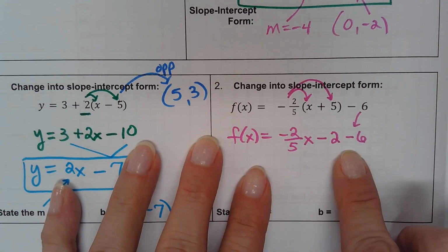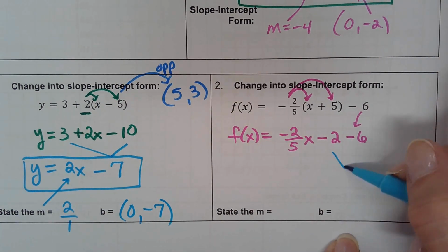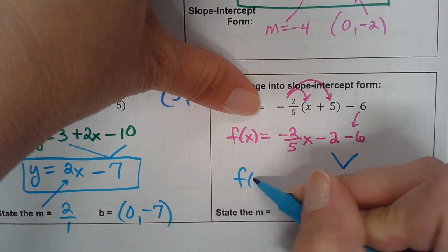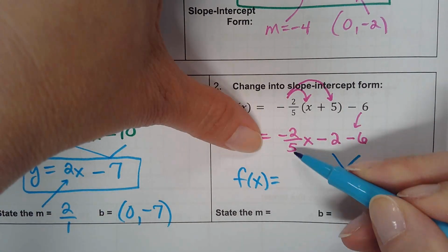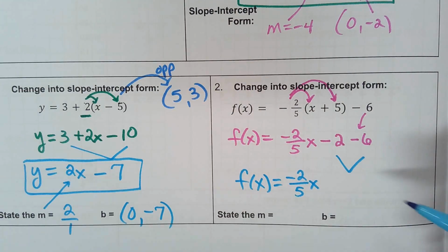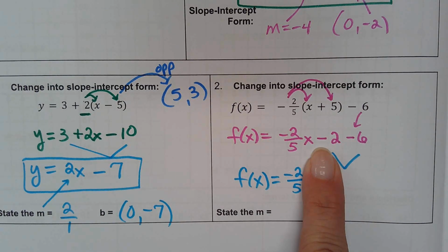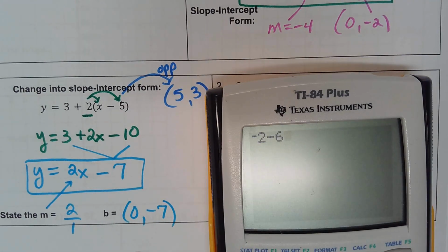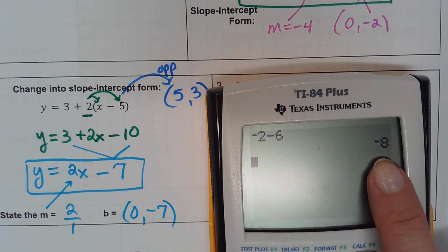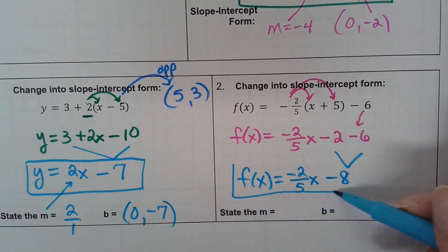So now we have to do the second step, which is to add the like terms. So f of x equals, I like to write the slope first with the x, but you could put the numbers if you want. -2 minus 6 makes a -8. So we write -8.